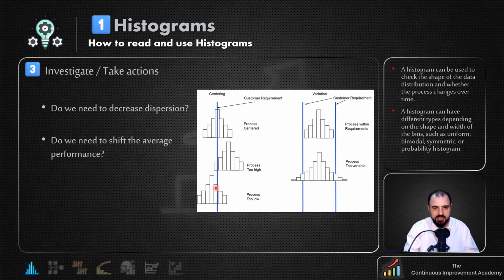Looking at this, it means that we need to shift our average. We need to shift our performance to make sure that in the beginning we are hitting the target in terms of the average, because this means that in most of the cases we are hitting the target, or our performance is around the target, okay.